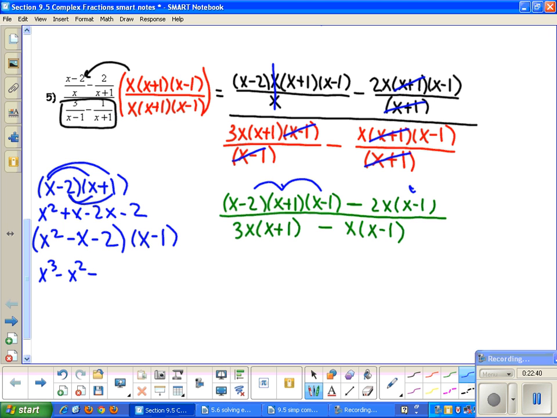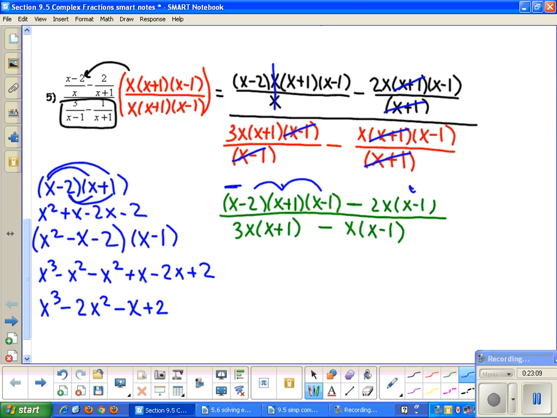And then we have minus x squared, plus x. And then we have minus 2x plus 2. So then I want to combine my like terms. So my like terms here would be x cubed minus 2x squared, then minus x and plus 2.